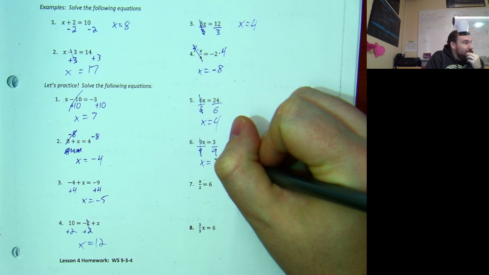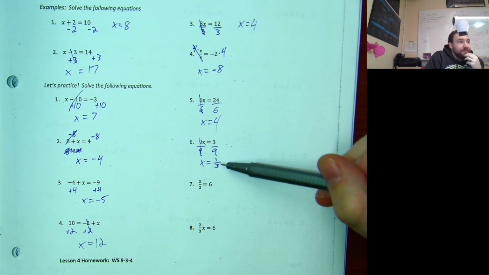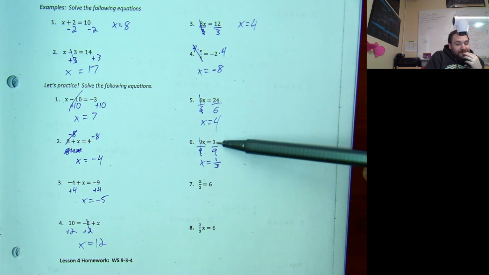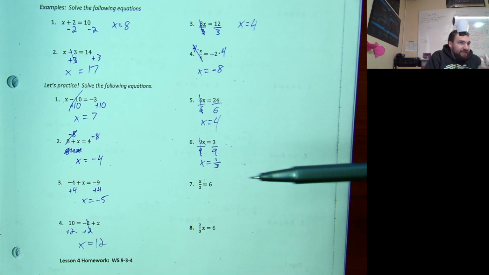No. That becomes a fraction you have to reduce. Like 3 divided by 9, we can't do that nicely. I mean, so shove it in the calculator, it gives you a repeating decimal.